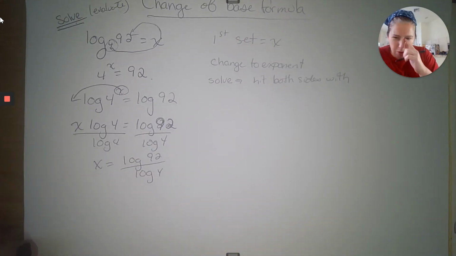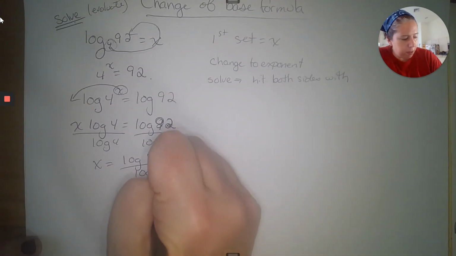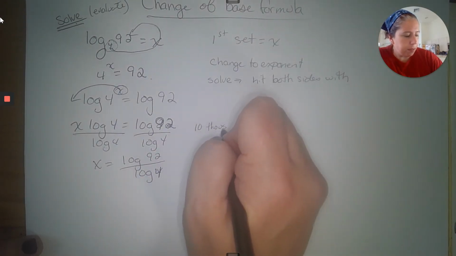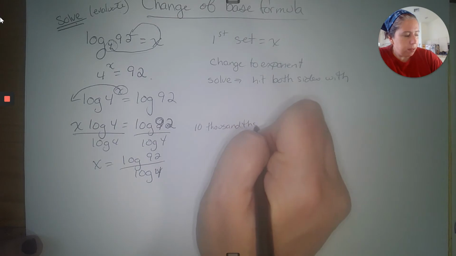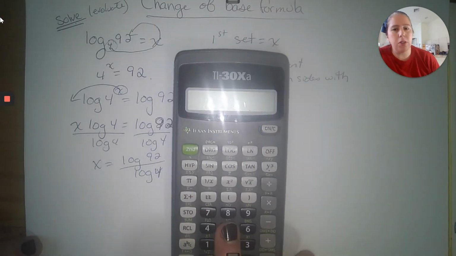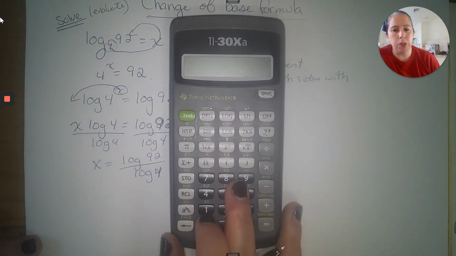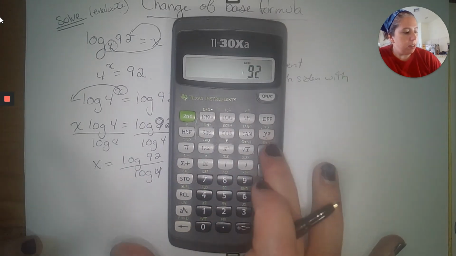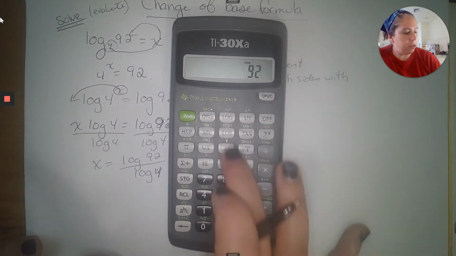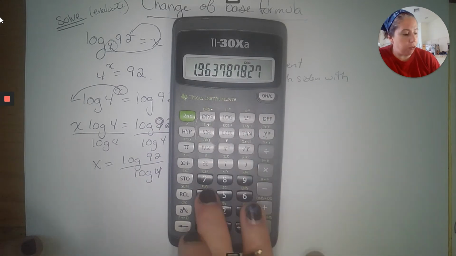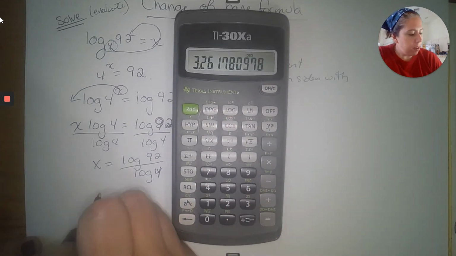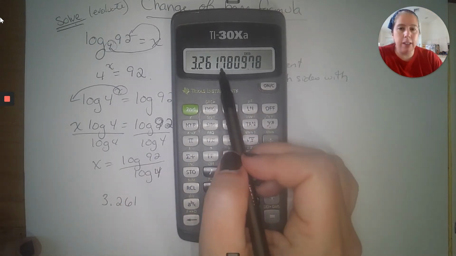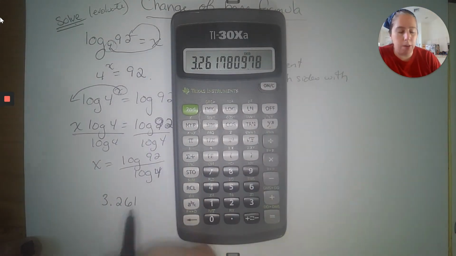Because we were doing the TI-84s the other day, let's do the same thing. Go to the TI-84s. Remember, this is the backwards calculator. This is the one where you put the numbers in first. So we're going to go 92, let's turn it on first, 92 log divided by 4 log equals 3.261, and then behind the 7 is an 8, so it's going to jump up.